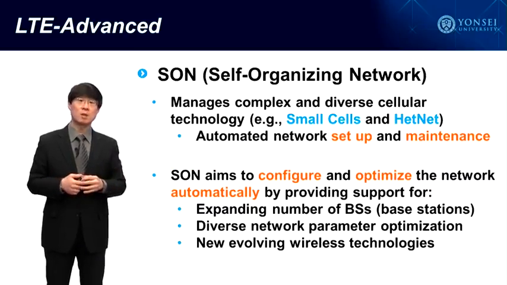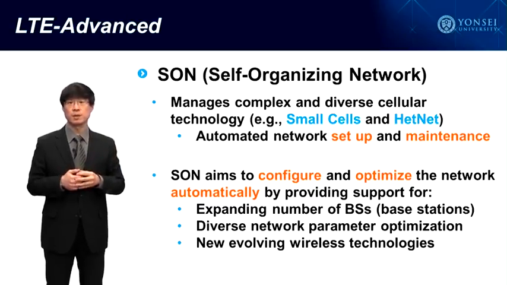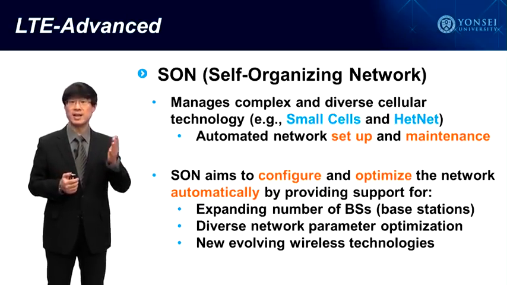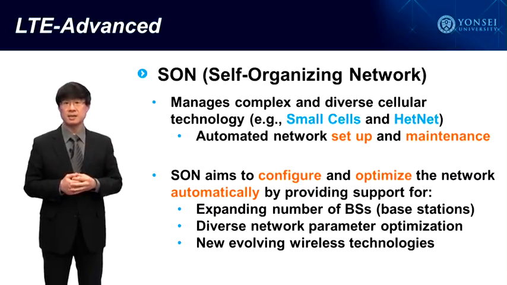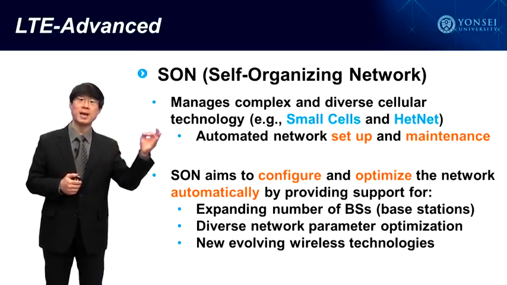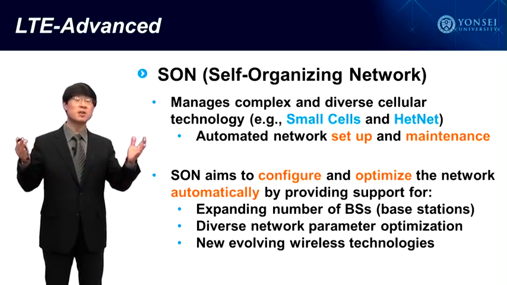Now, we talk about self-organizing network, SON. This manages complex and diverse cellular technology, such as small cells and HETNet. Automated network setup and maintenance is supported by these self-organizing networks. Once again, we have all these different networks.